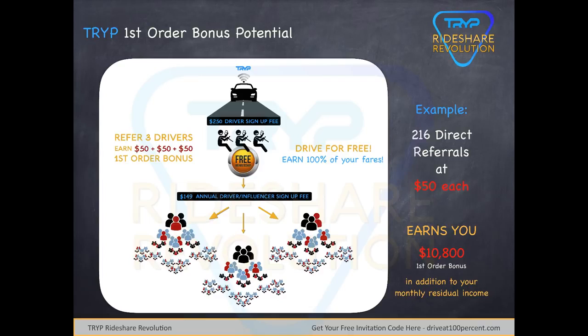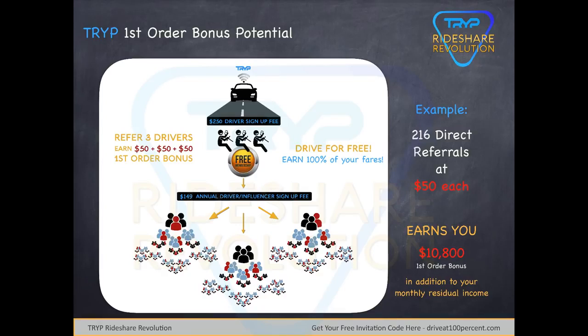So there's a lot of ways that you can reach out to drivers and get a lot of direct referrals. So say you did that and say you've had 216 direct referrals, right? And you can see that they've been placed wherever you placed them or wherever the computer software determined was the best position for them to help keep your teams balanced.